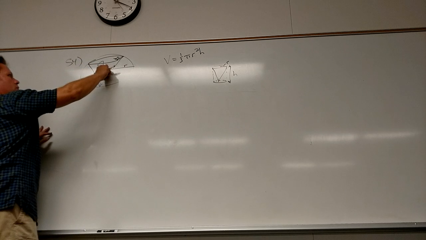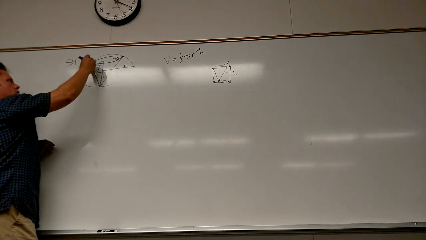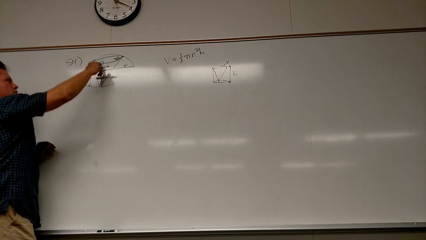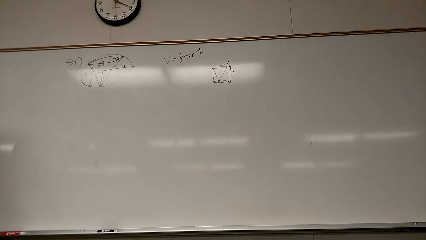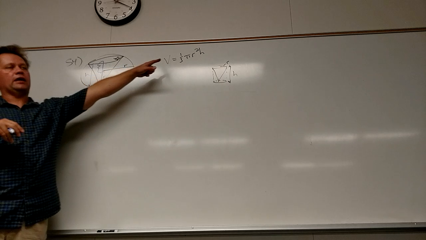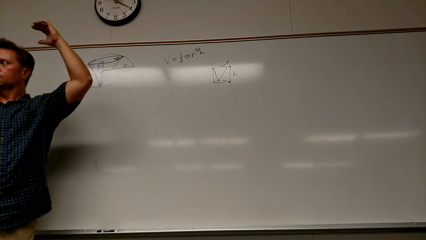Let me be careful. Let me put this h. Yeah, this is the whole h, right? Okay. So I need to figure out what that is. Now, it's not going to help to say that it's h, it's r minus h minus r. Do you see how that doesn't help? I need to figure out that in terms of r, because I need to be able to replace h with something related to r.